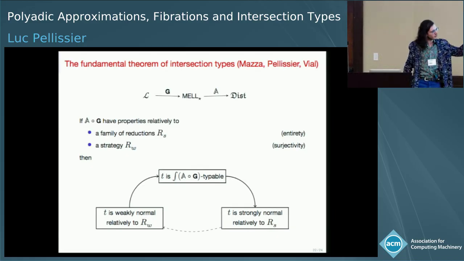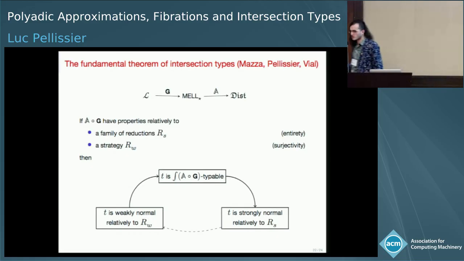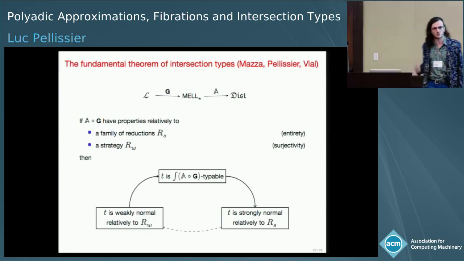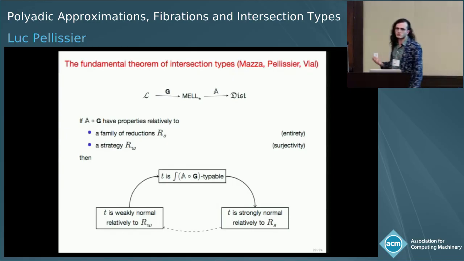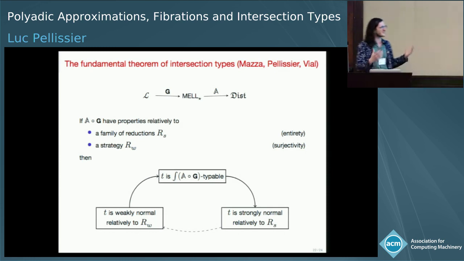And so we see in this diagram that we don't bridge the last implication, and so RS and RW have to be chosen in a way that makes the last implication true. But it seems pretty normal to have something called strongly be stronger than something called weakly. So this sounds great.